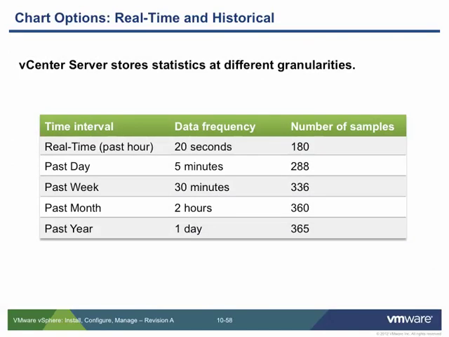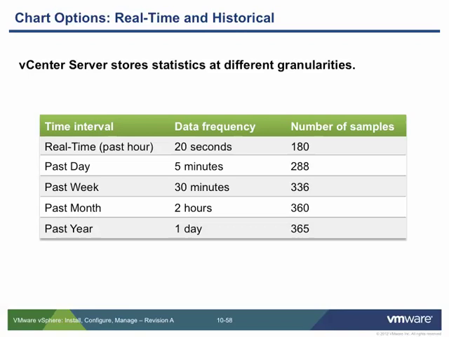There are a lot of different options within the chart, and I don't want to harp on this too much, but there are different granularities. The lowest real-time interval is 20 seconds, so you can't get any more granular than that. The smallest sample time is 20 seconds, and that's what they call real time. Every 20 seconds, an interval is snapped, and that's your real time.